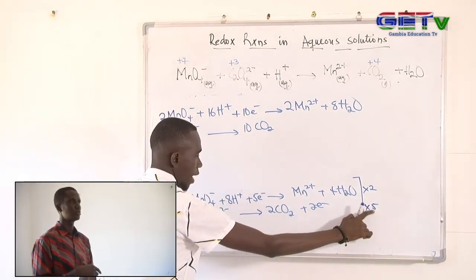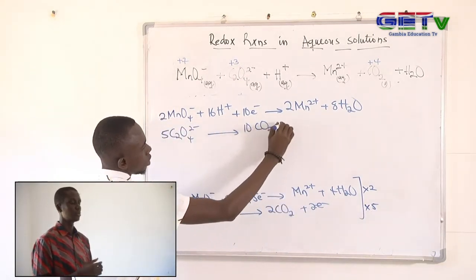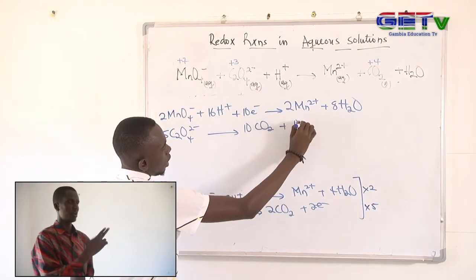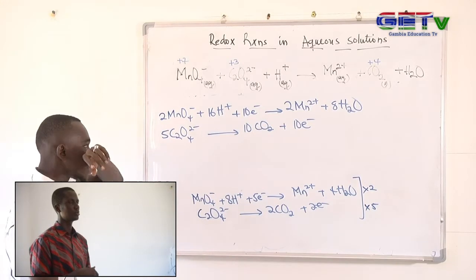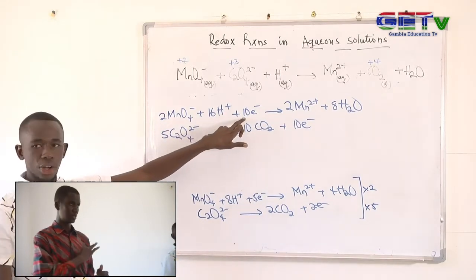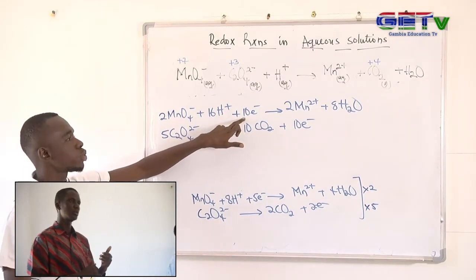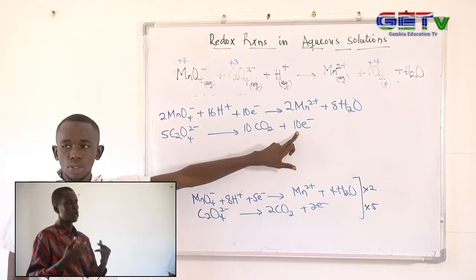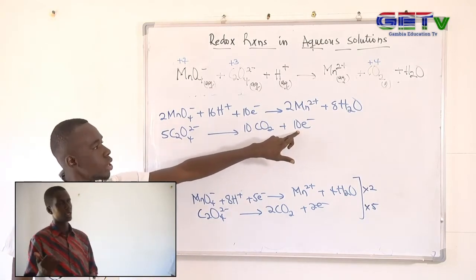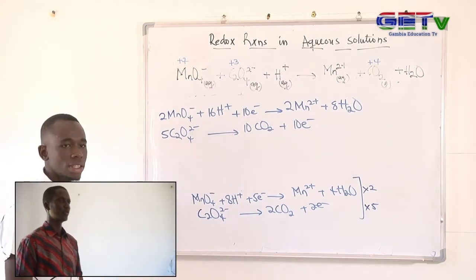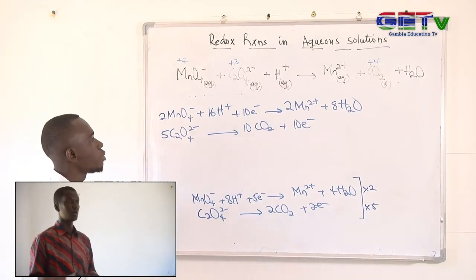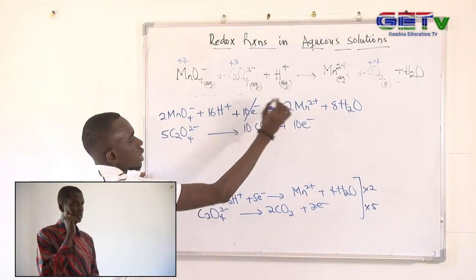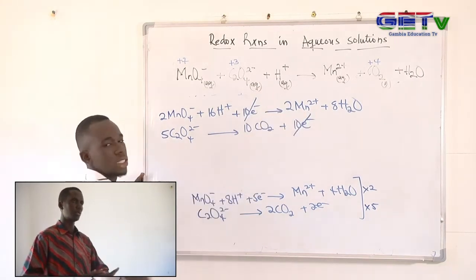We again have 5 times 2, we have 10 electrons. Now you see, the electrons that are gained in the reduction side are equal to the electrons that are lost in the oxidation side. And the rule says electrons must cancel out electrons, which means this 10 here can easily cancel out this 10.